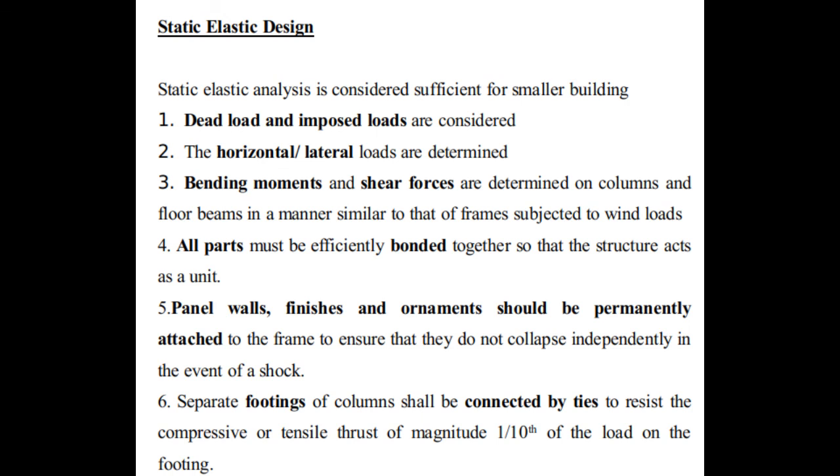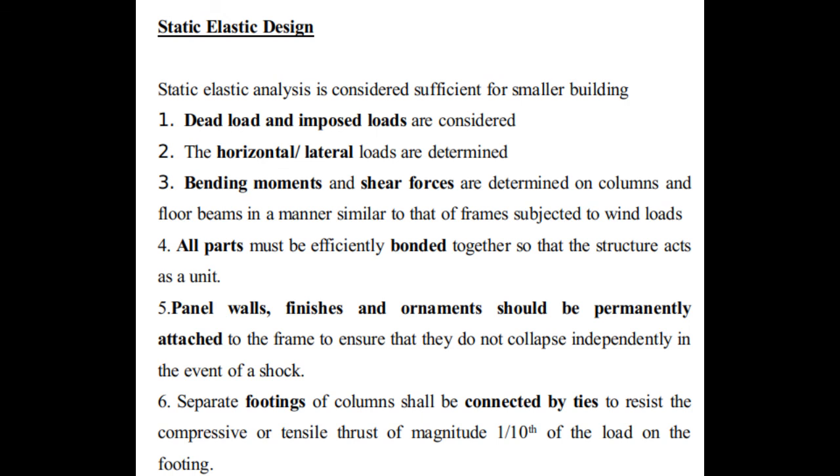Number 3, bending moments and shear forces are determined on columns and floor beams in a manner similar to that of frames subjected to wind loads. Number 4, all parts must be efficiently bonded together so that the structure acts as a unit.